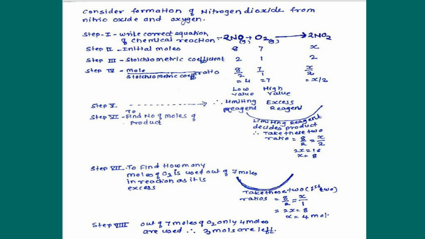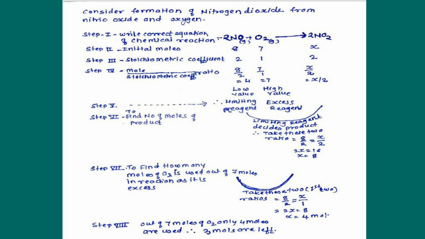Step 4. Write mole to stoichiometric coefficient ratio, that is the ratio of moles to stoichiometric coefficient. So for nitric oxide it is 8 upon 2, for oxygen it is 7 upon 1 and for nitrogen dioxide it is x upon 2. Step 5. Out of nitric oxide and oxygen, the one which has the lower value of the above ratio is the limiting reagent.